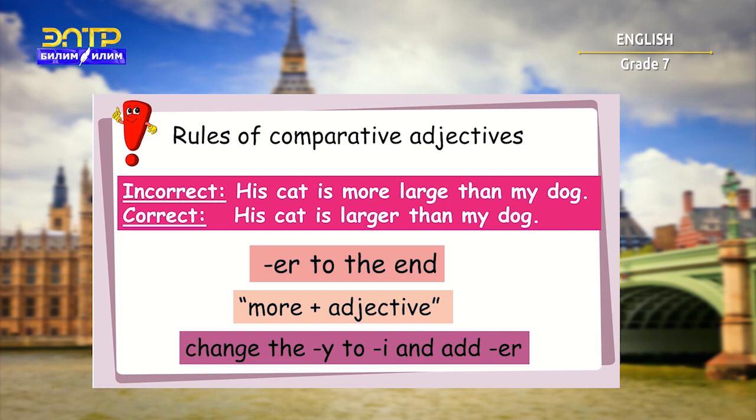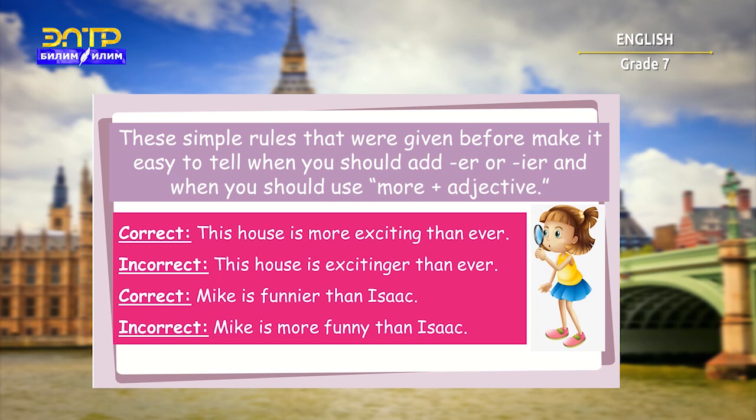And for 2-syllable adjectives ending in y, change the y to i and add er. These simple rules make it easy to tell when you should add er or ier and when you should use more plus adjective.